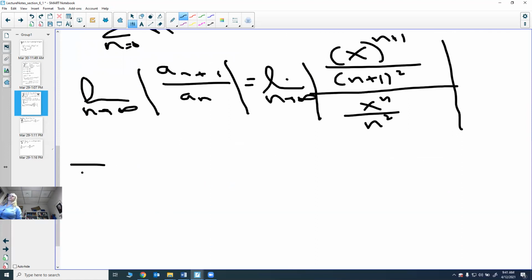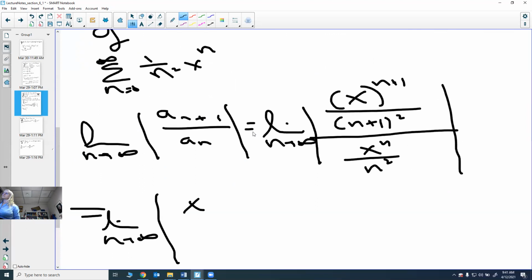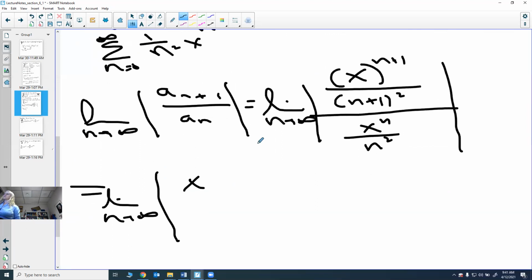We can see that we have the limit as n goes to infinity because we haven't taken the limit yet. x to the n plus 1 over x to the n is just x. Yeah, it's just x, sorry. And then n plus 1 squared over n squared, well, we don't know what that is yet, so we just write it as n squared over n plus 1 squared, just simplifying this to be not a complex fraction.